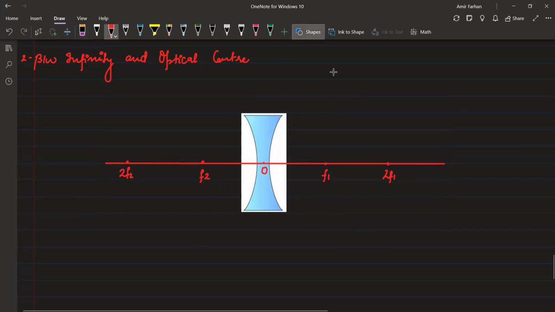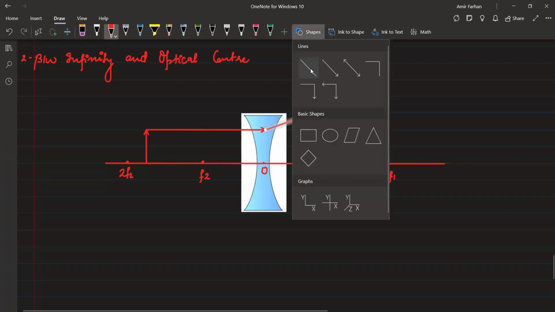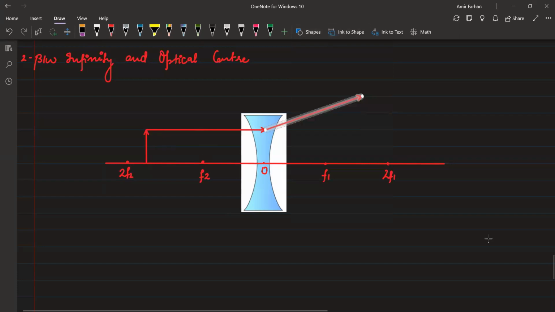Doesn't matter, it's your choice where you place it. The first ray should be parallel to the principal axis, and it will diverge out. The second ray will pass through the optical center, as you can see.